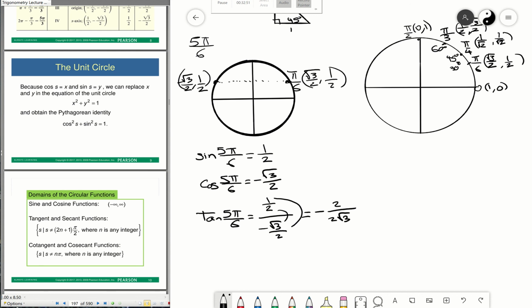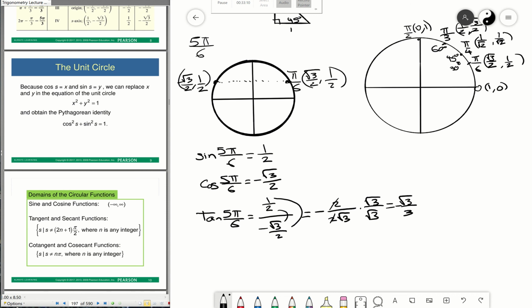And the 2's will cancel out, and we're going to go ahead and multiply by square root of 3 over square root of 3 to rationalize. So we end up with negative square root of 3 over 3.